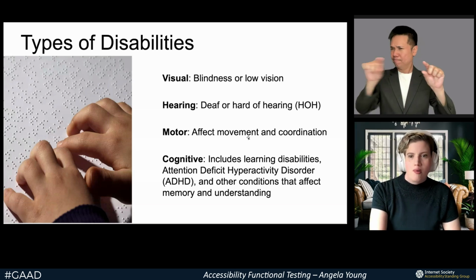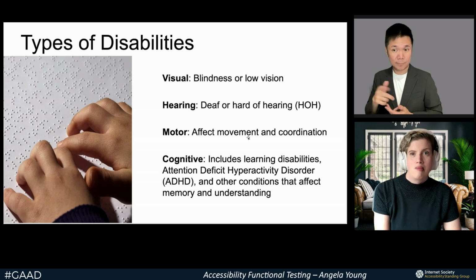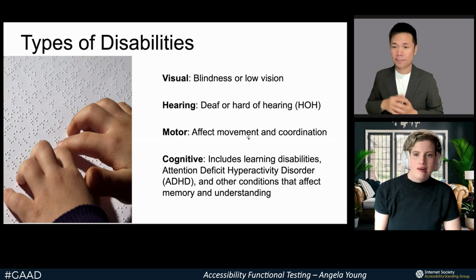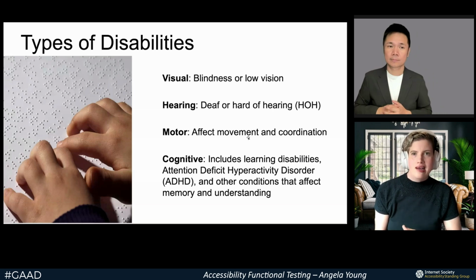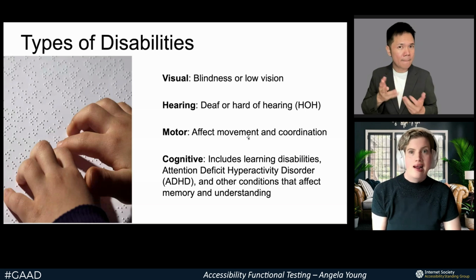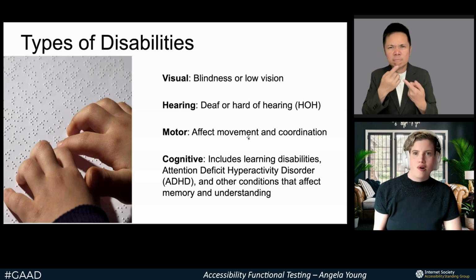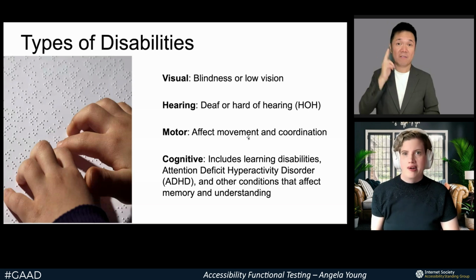Then also we have people with hearing disabilities. I myself am someone who is deaf, and hearing disabled people, hard of hearing people, or people who are deaf can, in this disability grouping, choose to identify any number of those ways. For example, someone might not want to share that they're deaf. They might just want to say, oh, I'm hard of hearing.